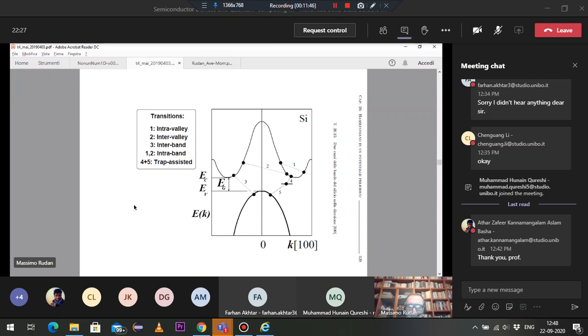And the result is that, because of the application of the periodic boundary conditions, vector K is not continuous anymore, but becomes discrete. What does it mean?